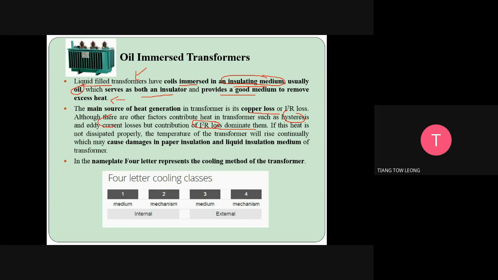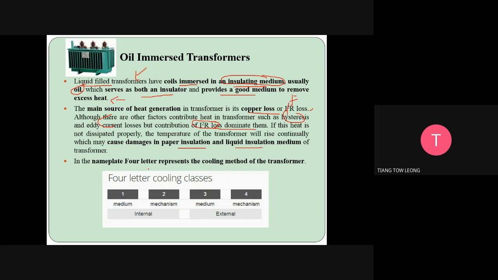Eddy current and hysteresis depend heavily on the supply frequency, and our supply frequency is only 50 Hertz, so they are very small. The temperature of the transformer will rise continually, which may cause damage to the paper insulation and the liquid insulation.